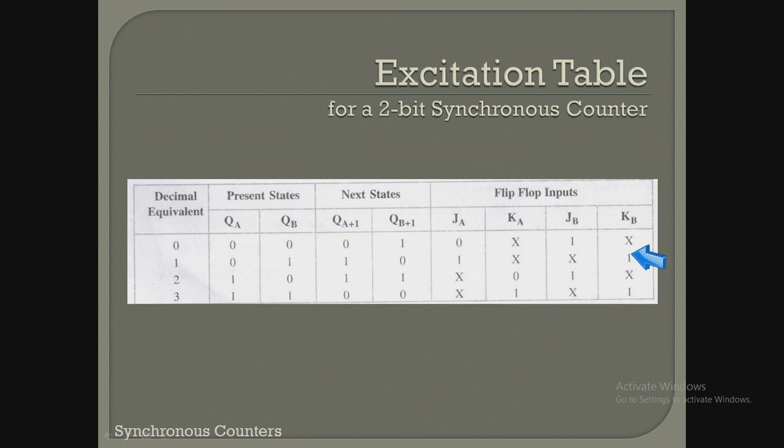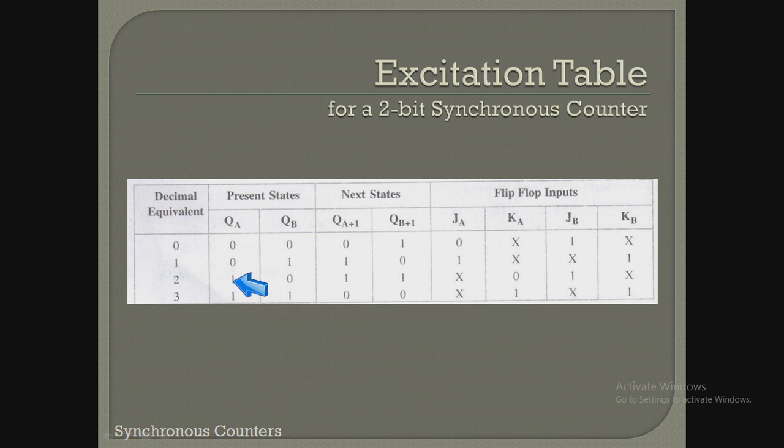Let's take the second row as an exercise. In this case, for the A flip-flop, QA is 0 and we want to make it 1. I'm taking the QA column, QA and QA plus 1.